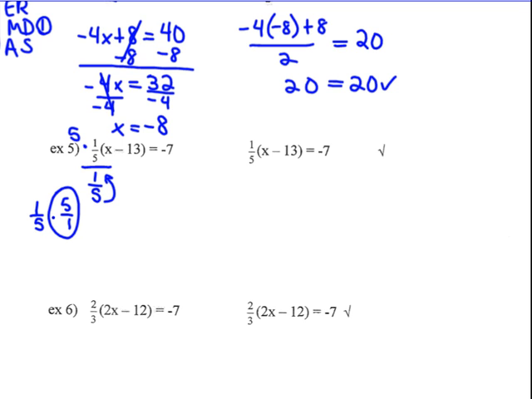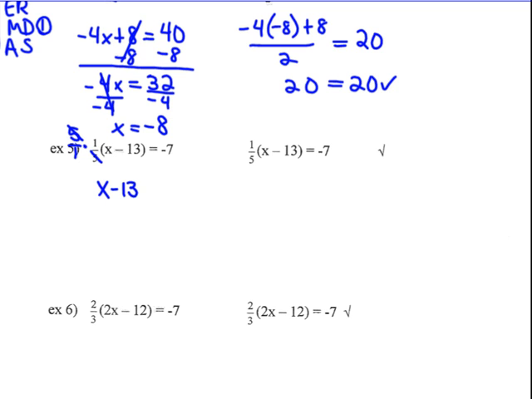So yes, I am going to multiply by 5 to undo this multiplying by 1/5. Those 5's cancel, remember, that's like having 5 over 1. So I have 1 times the quantity x minus 13. Well, 1 times anything is just that anything. I don't need to put that 1 outside there. I'm just going to have x minus 13.